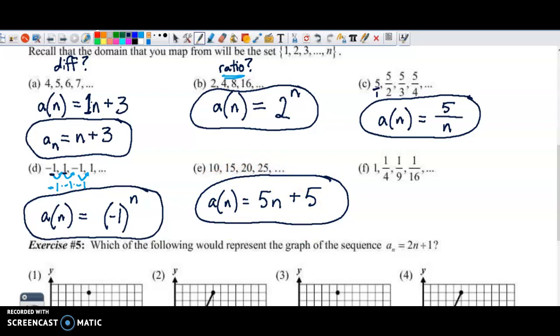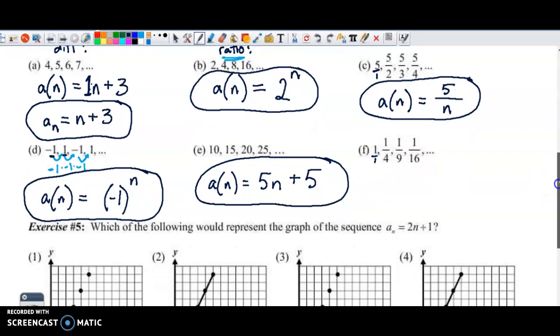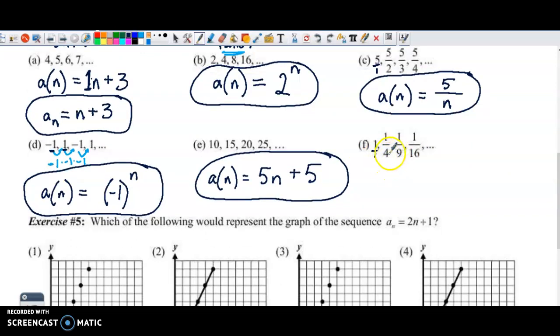Now this next one, I just want to point out, because right now there's really no rhyme or reason. We'll learn more about this later. But there's definitely a pattern going on between 1, 4, 9, 16. This is not geometric, it's not arithmetic. It's seeing that the second difference is the same, but somebody in this room, whoever's watching this, might recognize that these are perfect square numbers.